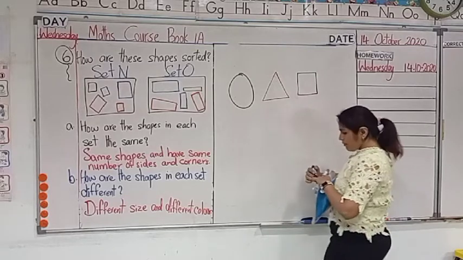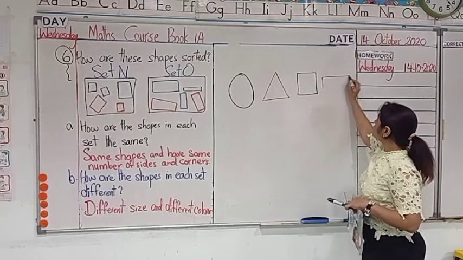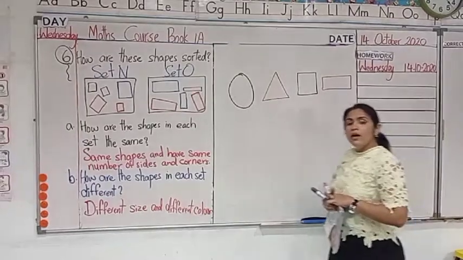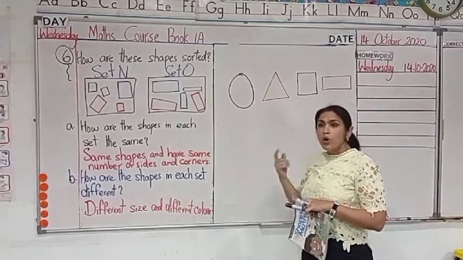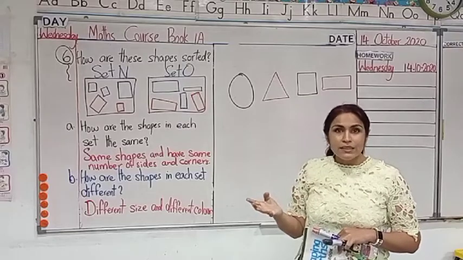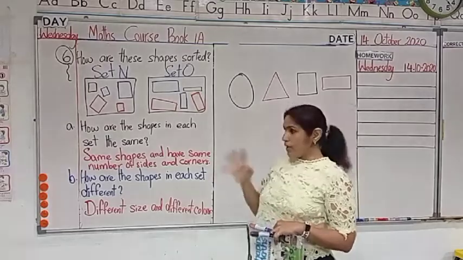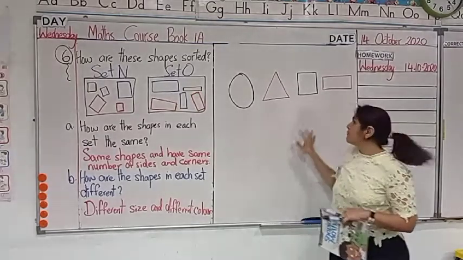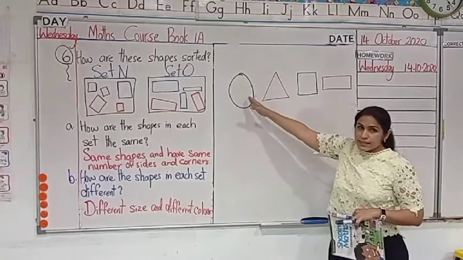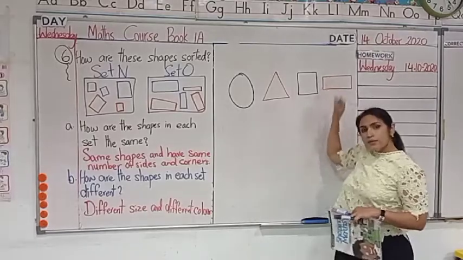And then you have a rectangle. Later I will teach you the other shapes as well, like oval, star, hexagon, pentagon, which have different corners and different sides. For now, until today we have learned 4 basic shapes: circle, triangle, square, and rectangle.